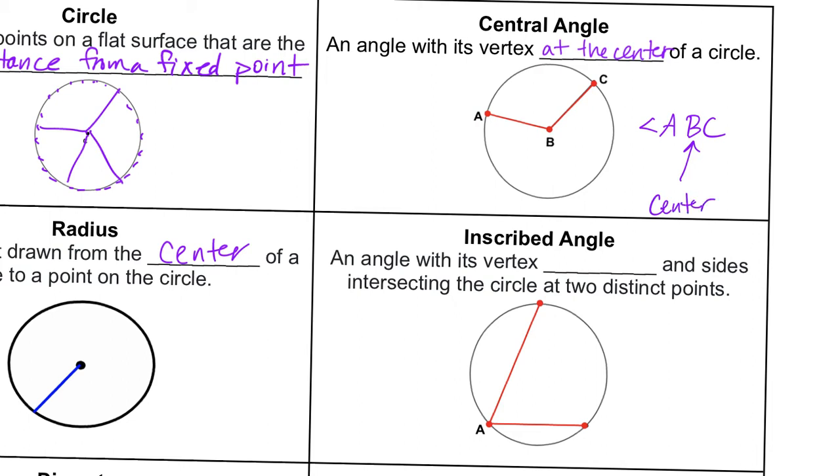An inscribed angle, on the other hand, is an angle with its vertex on the circle, and its sides intersect the circle at 2 distinct points. So instead of this vertex point being at the center, it's actually on the edge of the circle. If I wanted to name this angle, for example, I could name it CAB, where A, instead of being at the center of the circle, is on the edge of the circle.